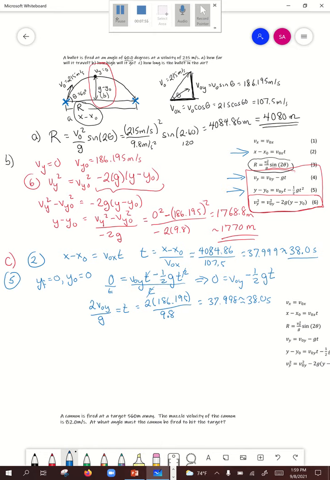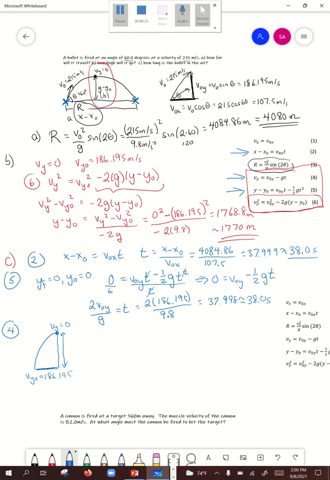All right, what if I were to use equation 4? Let's use equation 4 in a different way. Let's measure how much time it takes to go all the way up to the top. We know at that height, Vy final is 0, Vy initial is 186.195.